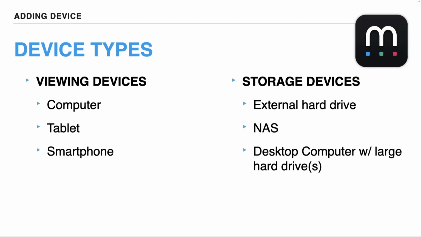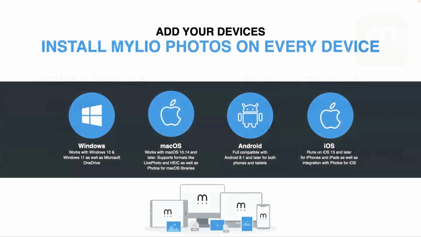So there are different storage devices as well. And Mylio can work with Windows, Mac OS, Android, and iOS devices. So if you've got different platforms that you want to put Mylio Photos on, we encourage you to do that. The more, the merrier. It's really nice to have that ability to share across different platforms.